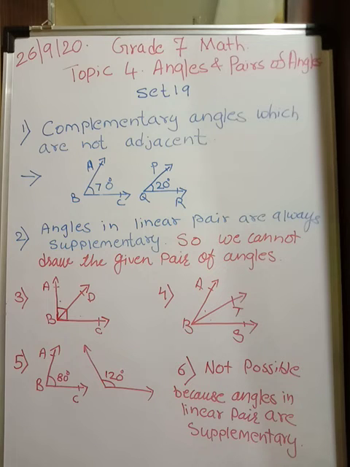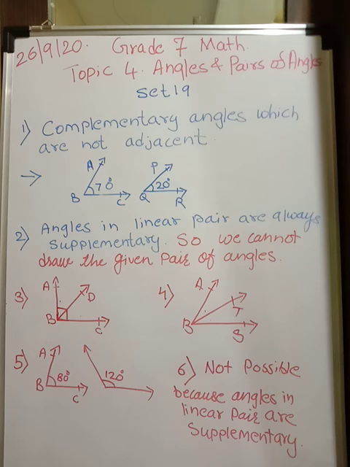Then fifth is angles which are neither complementary nor adjacent. If they are not adjacent, there should not be a common origin, or the vertex should be different. So two angles, and their sum should not be 90. 120 plus 80 will come to 200. So they are neither complementary nor adjacent.